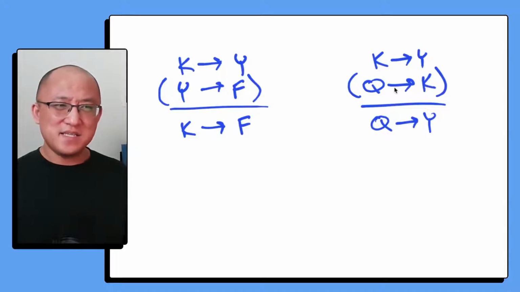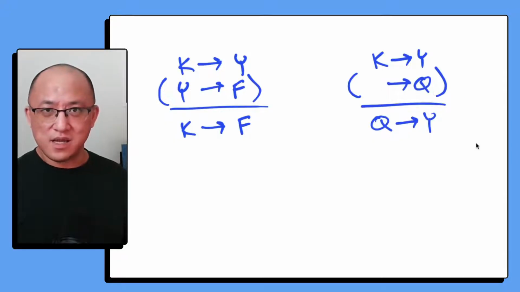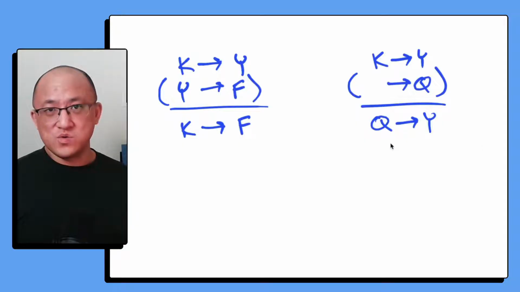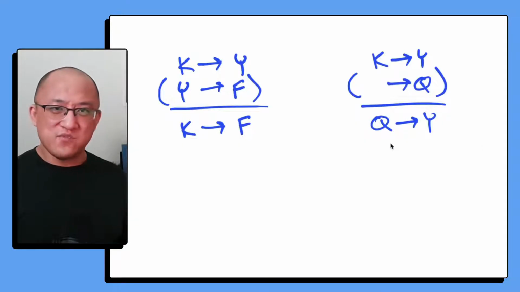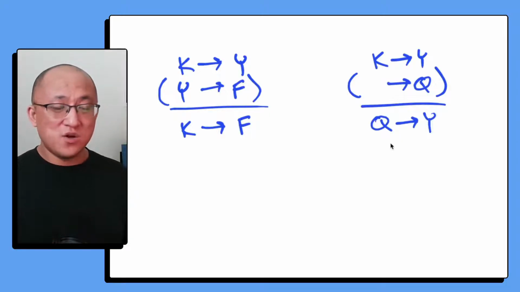Now, why isn't it the other way around? How come it's not going to be K goes to Q? Why isn't the answer ever going to have Q on the right side like that? Well, because I'm trying to prove that all Q's are Y. I'm trying to prove that if you start with Q, that's going to lead somewhere else. And I currently don't have any other information about Q in the premise.